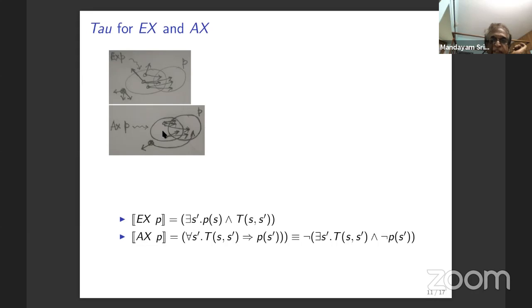That would have been in EX of P. So it can be defined directly with a universal quantifier: for all S prime, T(S, S prime) implies P of S prime.